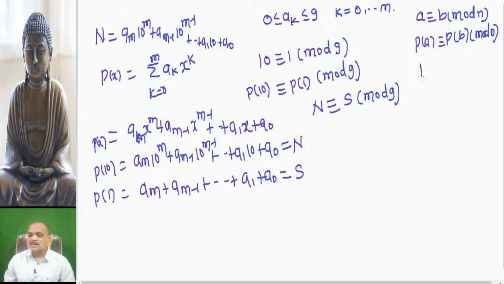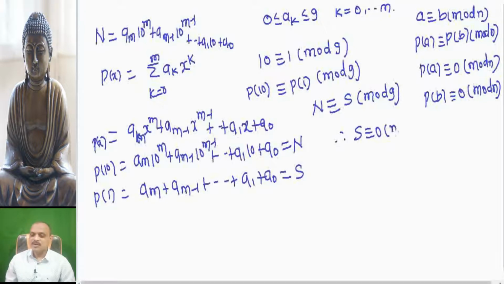And we know that if p of a is a solution, that means p of a is congruent to 0 modulo n, then p of b is also a solution, p of b congruent to 0 modulo n. So if S is congruent to 0 modulo 9, then N is also congruent to 0 modulo 9.